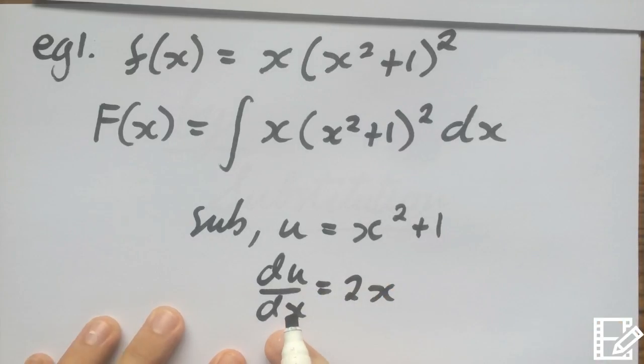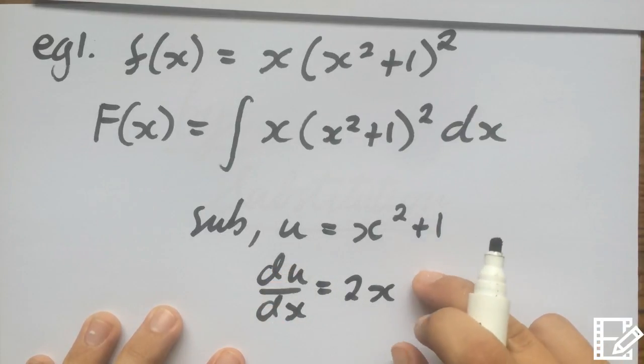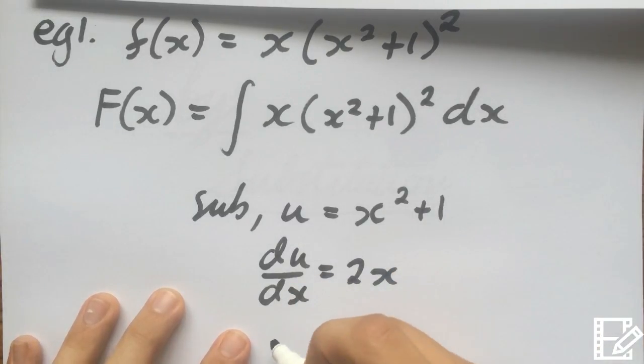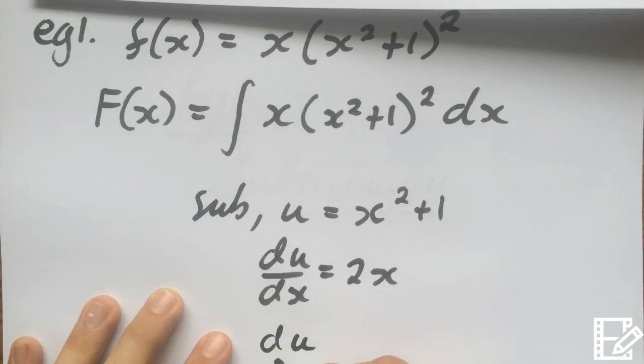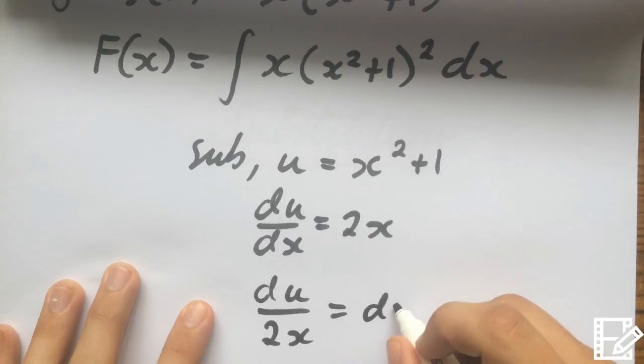We can actually rearrange this, because this is a fraction, du over dx. We can rearrange it so we divide this by 2x, and we'll bring the dx up top and multiply it. So we're essentially going to switch these around and end up with du over 2x equals dx.